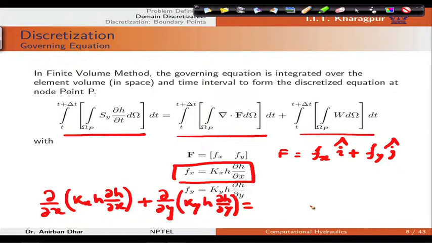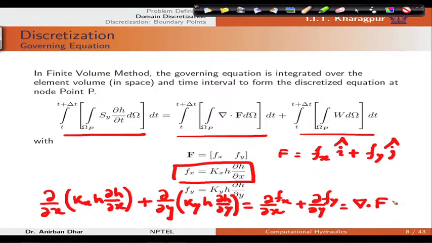So, we will formulate the general problem and during the solution we will consider Kx and Ky having equal values. So, this is nothing but fx plus fy, so we can write this as divergence of f.